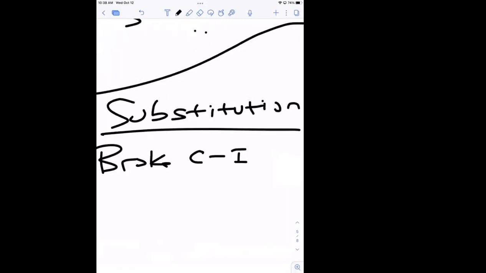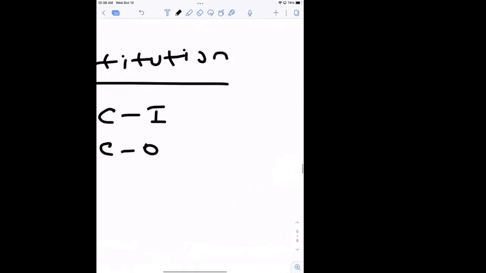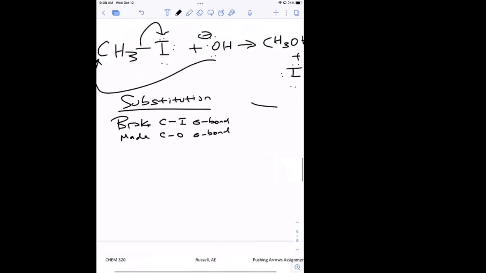Is that right? Then I made a carbon oxygen bond. Everybody okay with that? I broke the carbon iodine bond, made a carbon oxygen bond.